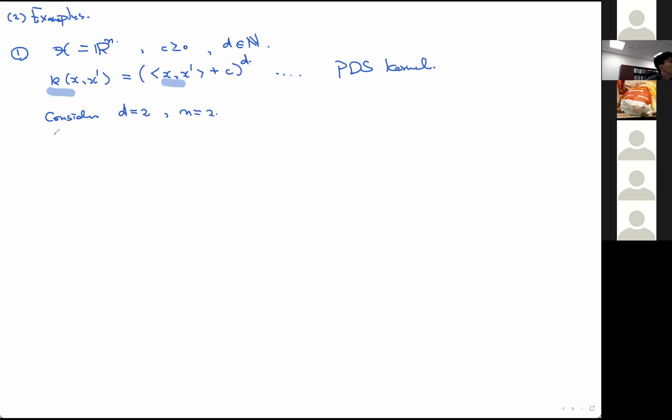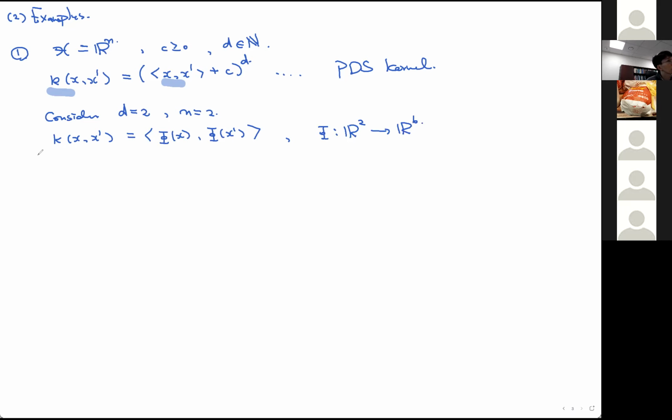So we have a point in the plane, and then we take the second power. In that case, we can view K(x, x') as computing the inner product of the following map, where V is a map from the original 2-dimensional space into 6-dimensional space.